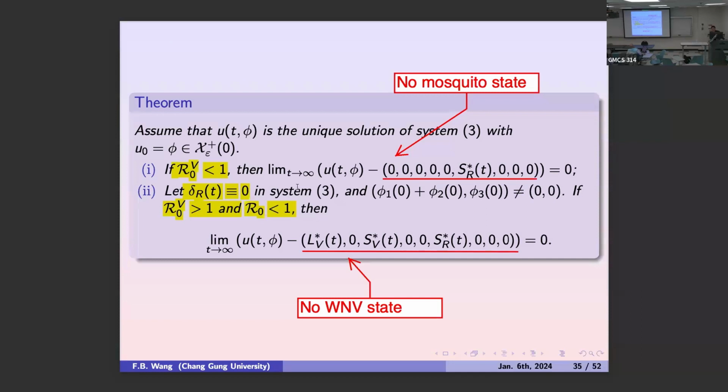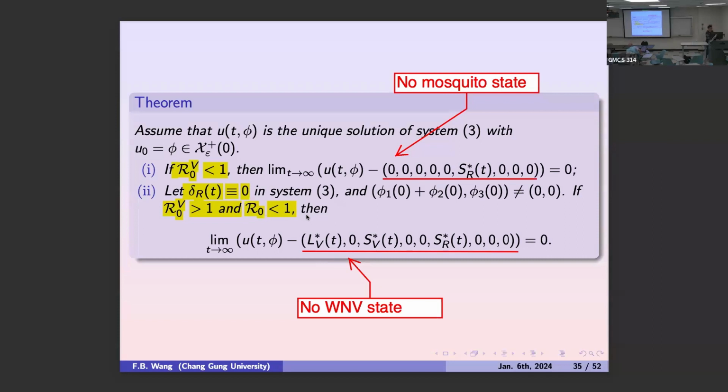And part 2: we have mosquito, but the disease index is less than 1. Then we can show we have mosquito, but we don't have the virus. But for part 2, I need to emphasize that because of the mathematical techniques, I can only study this case.